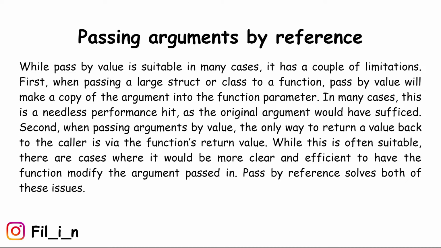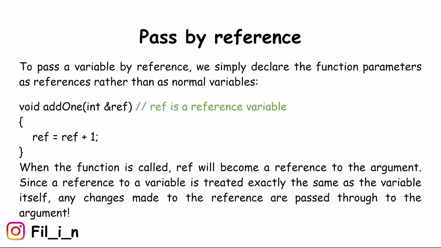Pass by reference solves both of these issues. To pass a variable by reference, we simply declare the function parameters as references rather than as normal variables. void add1(int &ref): ref is a reference variable. ref = ref + 1. When the function is called, ref will become a reference to the argument.